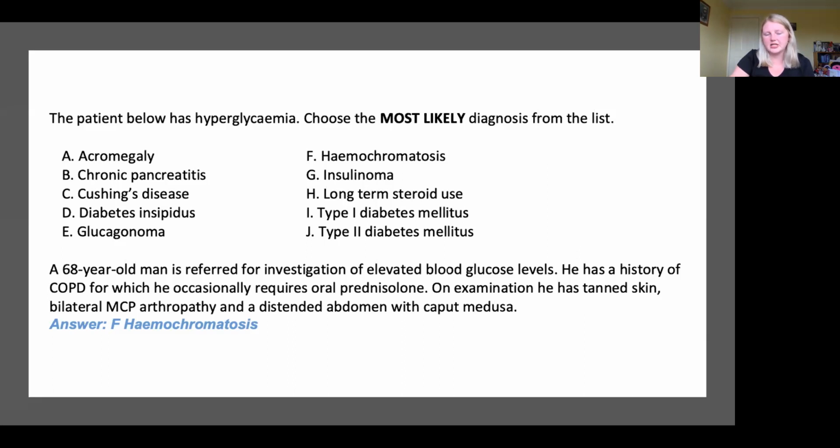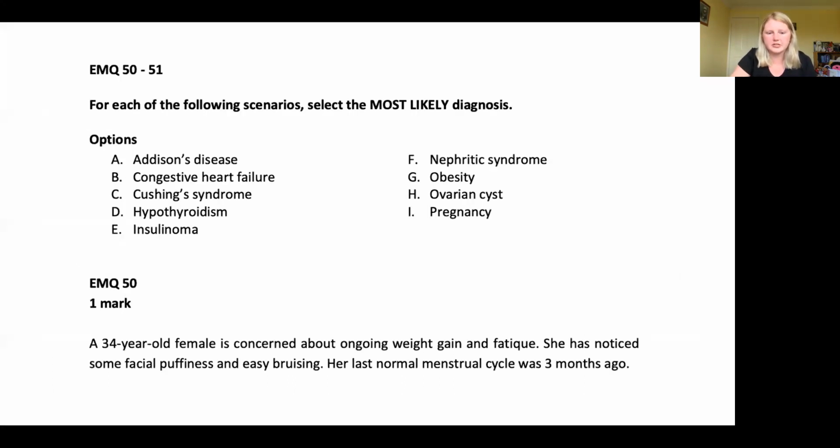And so similarly, this will come up in future slides, but there are some endocrine disorders that do present with tan skin, which confuses this picture a little bit. So don't just automatically, if you see that the blood glucose is up and they've been on steroids and that sort of thing.